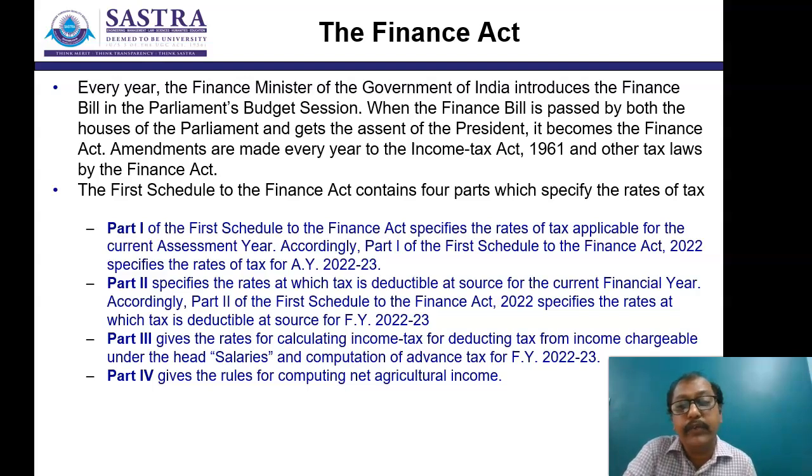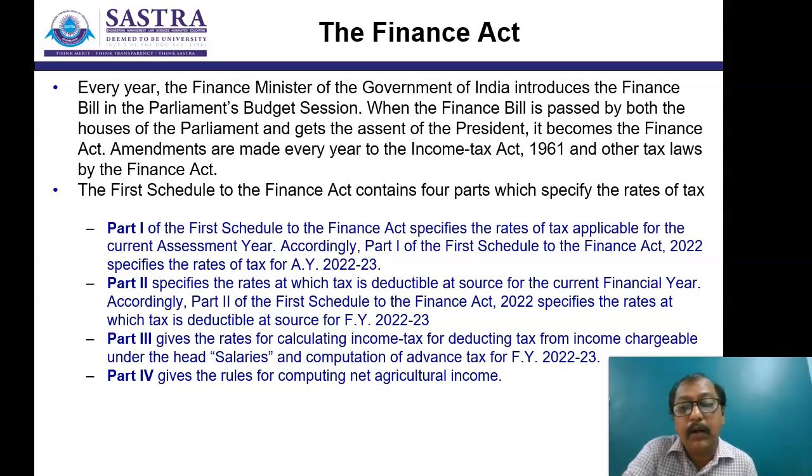The first schedule of the Finance Act contains 4 parts, which specify the rates of taxes. Part 1 of the first schedule to the Finance Act specifies the rates of taxes applicable for the current assessment year.